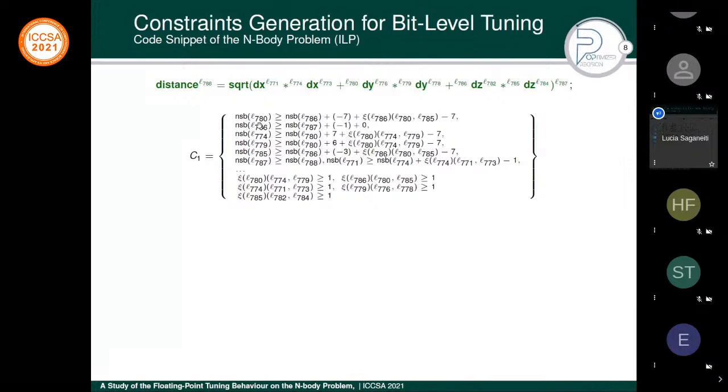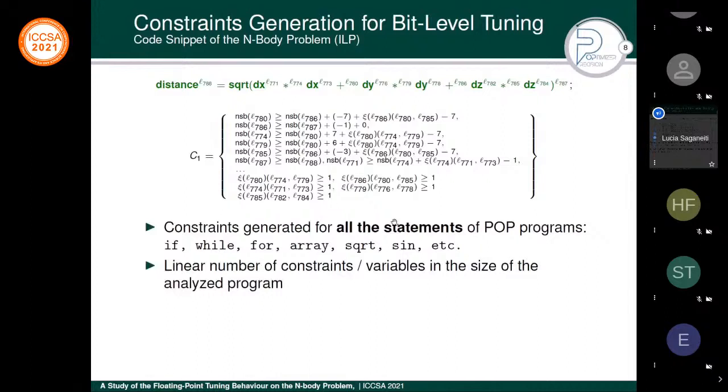So the first two constraints, for example, are for the addition. The next constraints are for the multiplication, etc. And as you can see here, the constraints of the carry bit function are over-approximated to 1.